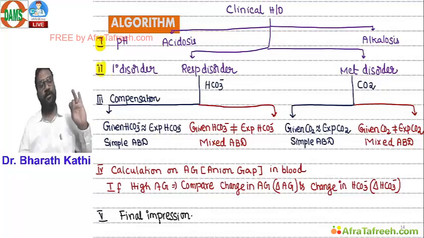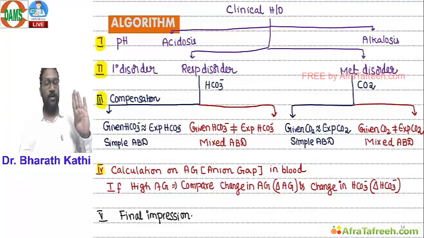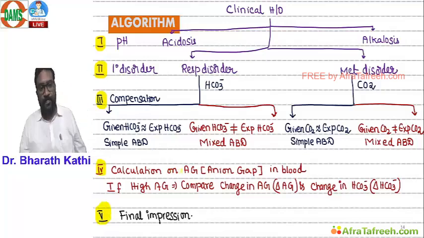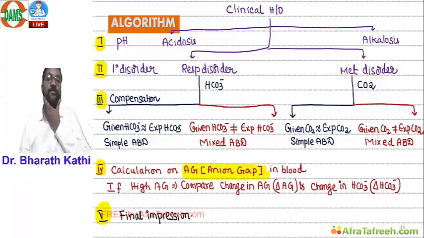What is the primary disorder? Compensation, anion gap, final impression. Let us see what is this anion gap and also metabolic acidosis. Write down concept of anion gap and metabolic acidosis.